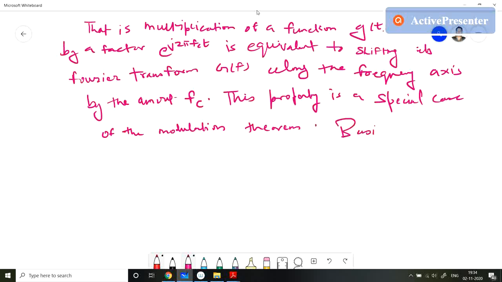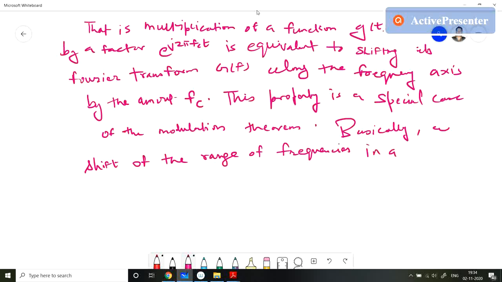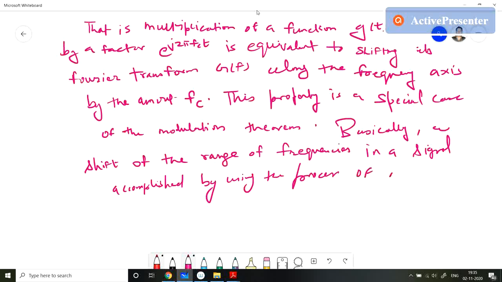So basically, a shift of the range of frequencies in a signal is accomplished by using the process of modulation. So let me make all these things clear to you.